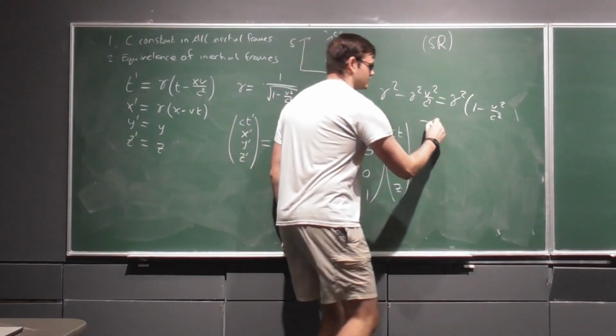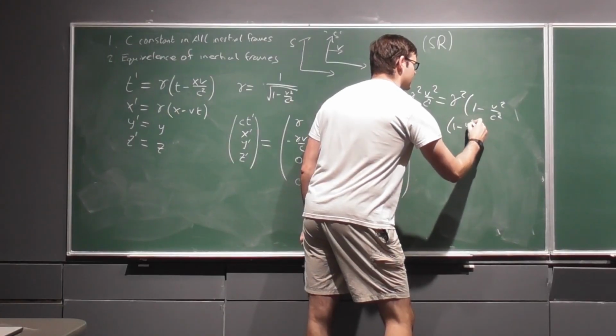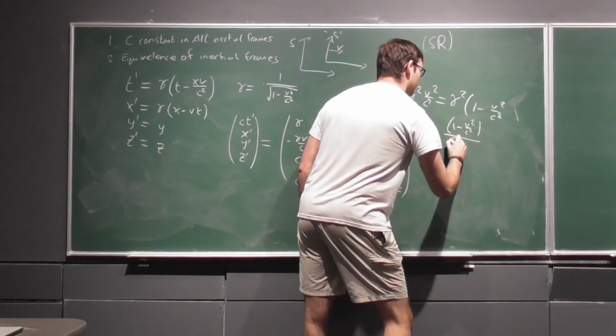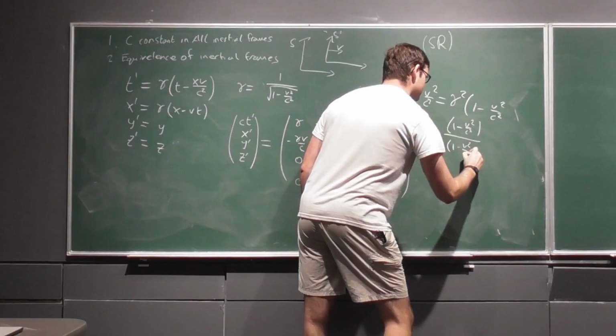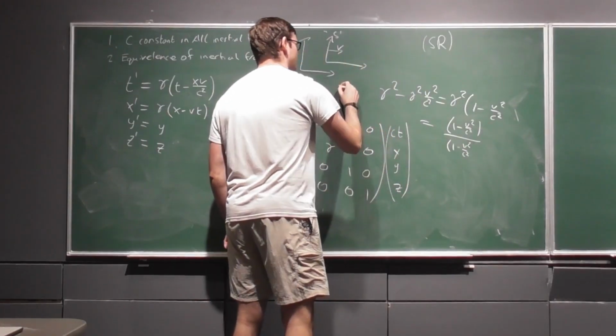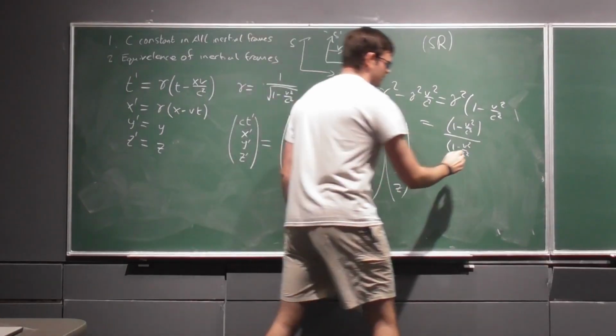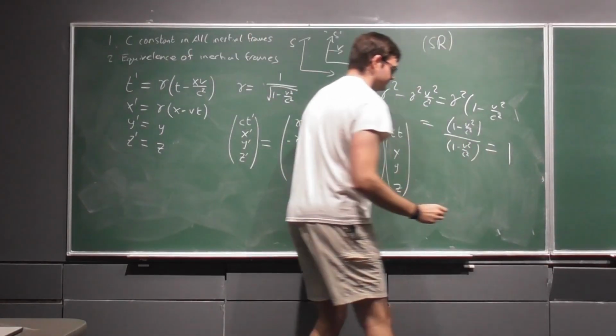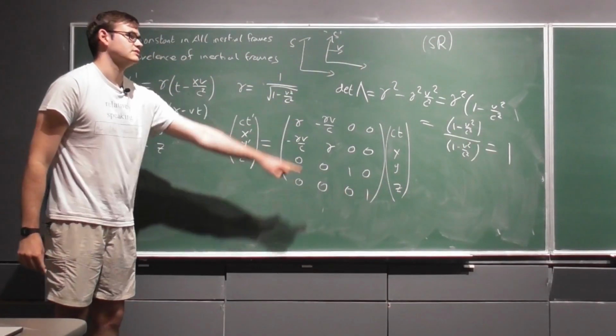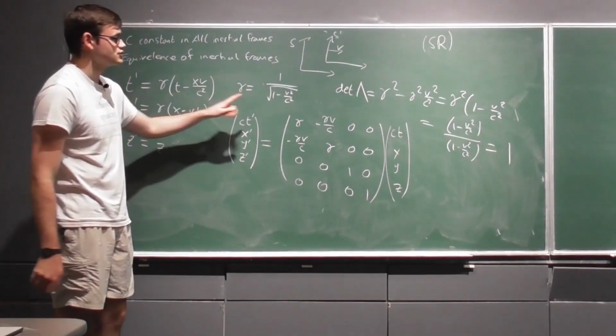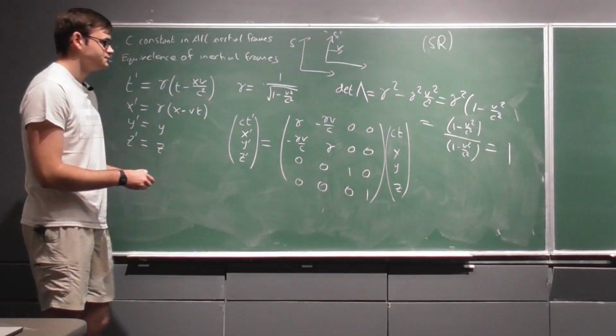So this is just equal to 1 minus v squared over c squared all over 1 minus v squared over c squared. Here I'm talking about the determinant of, I'm just going to call it lambda. And that's just equal to 1. So the determinant of the matrix is equal to 1, and that's true if I boost in any direction.